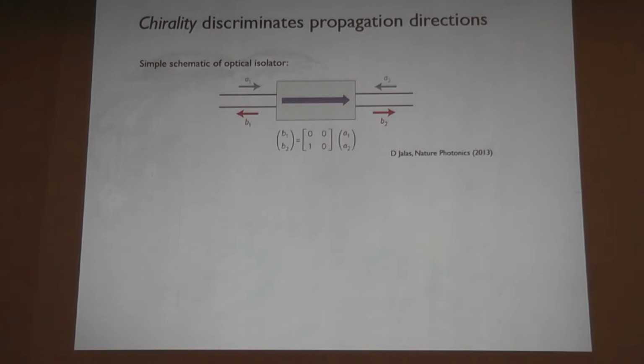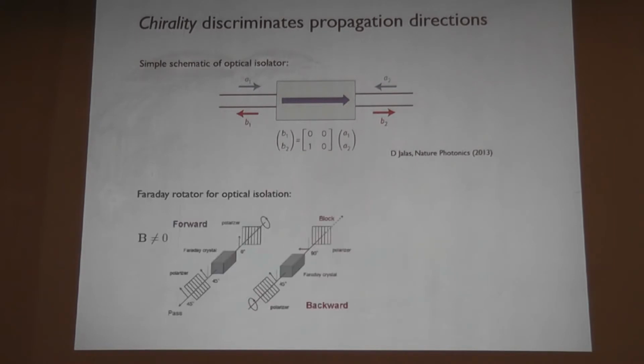One very simple method is just using a magnetic field, as I told you. They apply a magnetic field in this special thing called a Faraday crystal, and on either side of this Faraday crystal, they put cross-polarized elements, rotated at 45 degrees. If I apply a magnetic field in a direction here, the polarization of my light will rotate a little bit, and it will allow forward propagation.